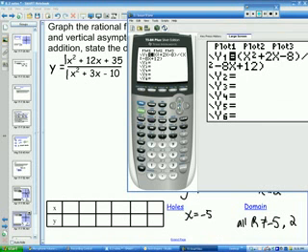Y equals, and we already have this kind of typed in, but 12x plus 35 divided by x squared. Whoops, I forgot my parentheses.